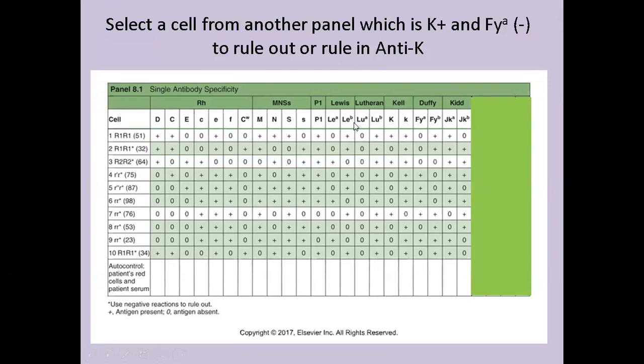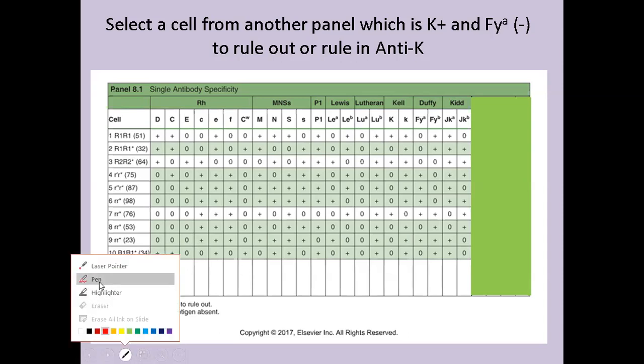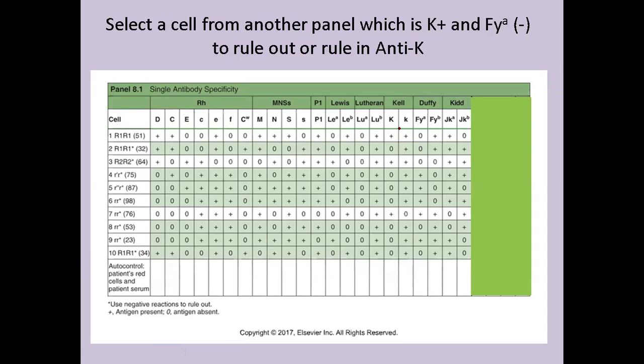Okay, so let's just look. And we did this example before. So here we can see cell 1 has K and doesn't have Duffy A. That would be a good one if we wanted to do this testing.